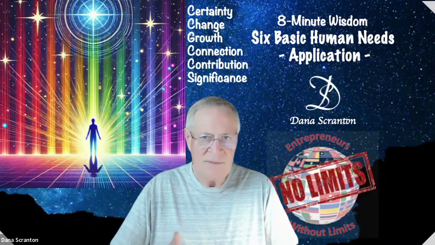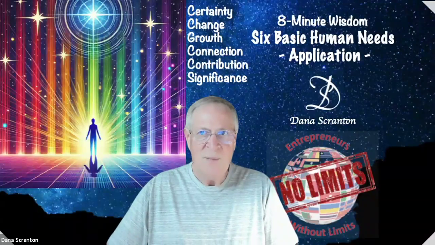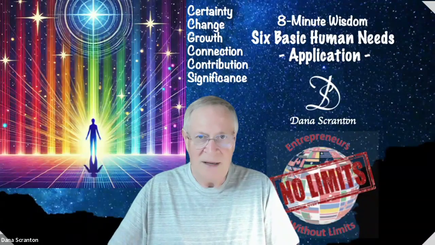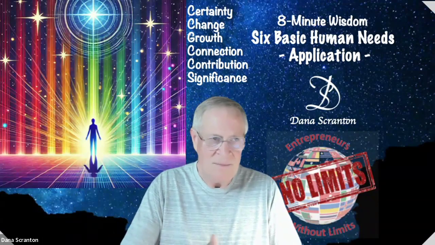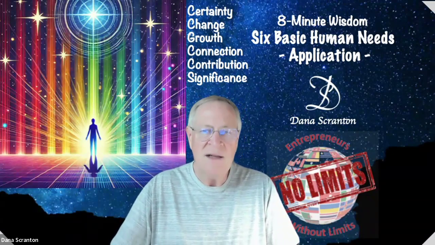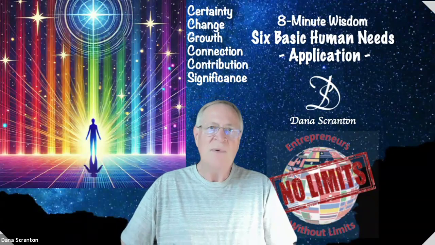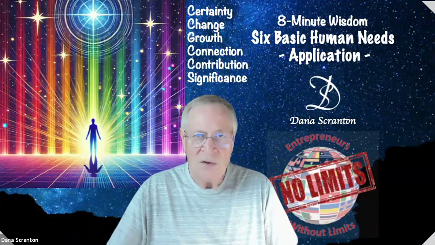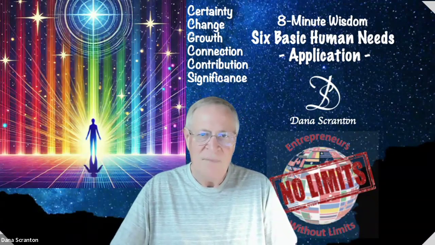This connection is reflected in people's desire, for example, to participate in group events, whether it's meetings, churches, social groups, social media. Connection is vital to people. Connection is an opportunity as well to learn, okay?